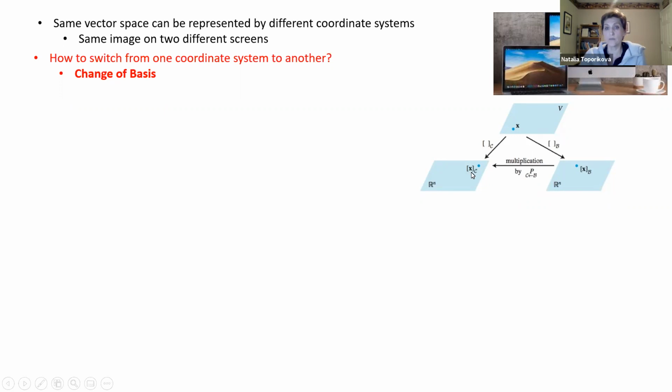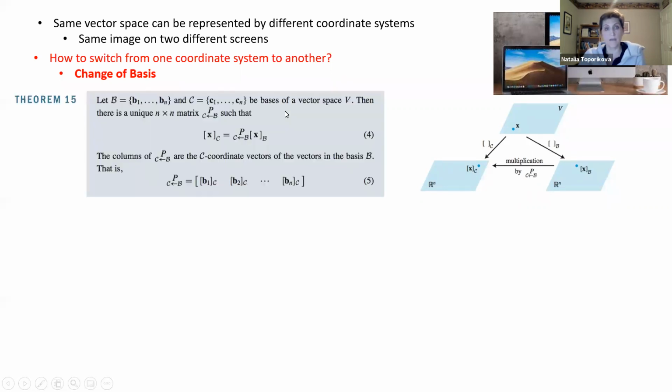And we can do it by just a simple multiplication of the matrix. Theorem 15 in this chapter will help you to find such a matrix of transformation from one n-dimensional space to another.